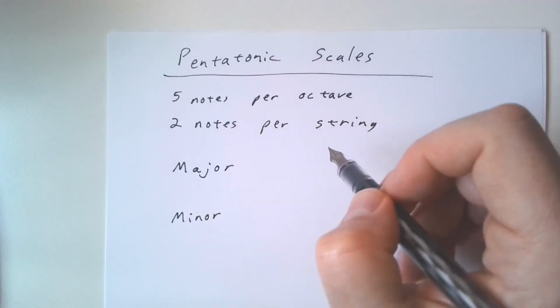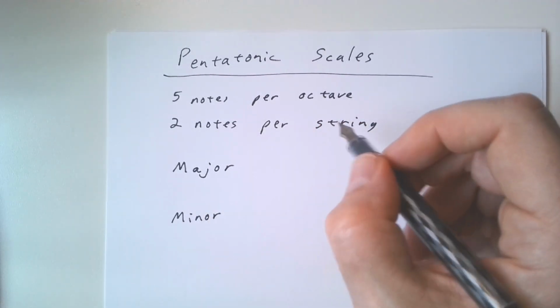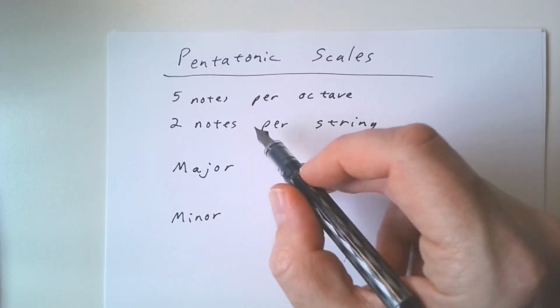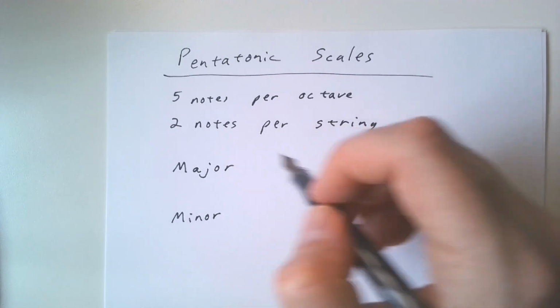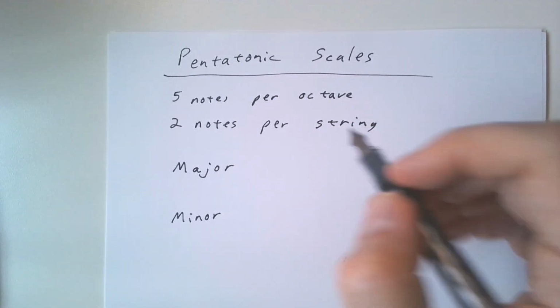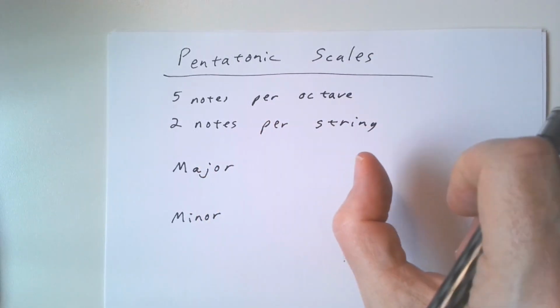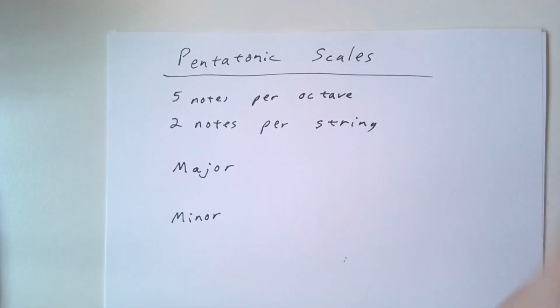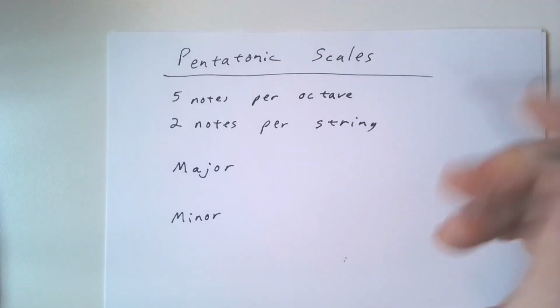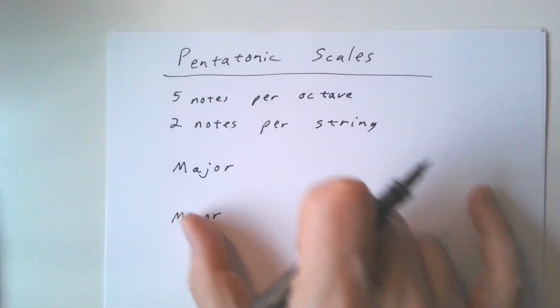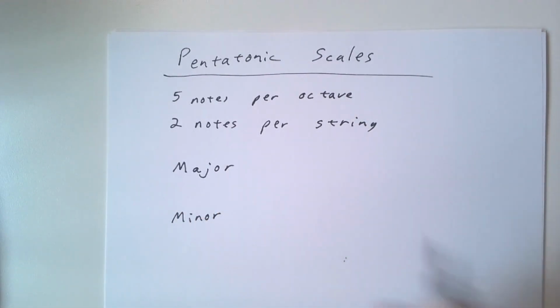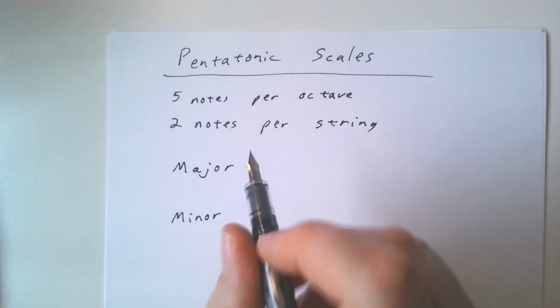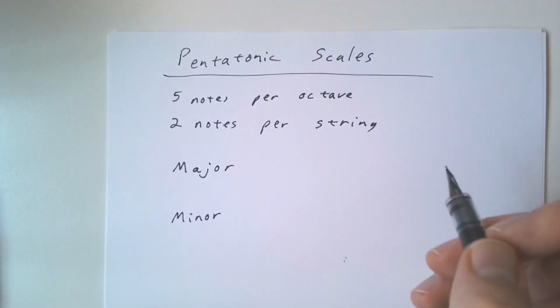When we did our 3 notes per string diatonic patterns, we would have to do a time change between the G and the B, and then we would end up a couple of frets sharp of where we started on that last string. So it wasn't exactly 3 notes per string; there was a little bit of remainder. With pentatonic scales, though, it really ends up nice because you only do 2 notes per string.